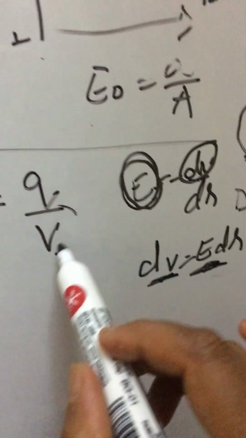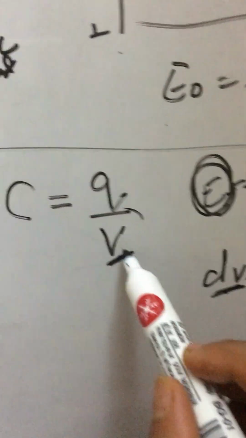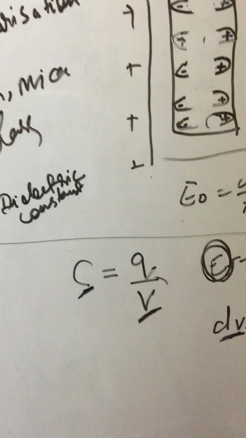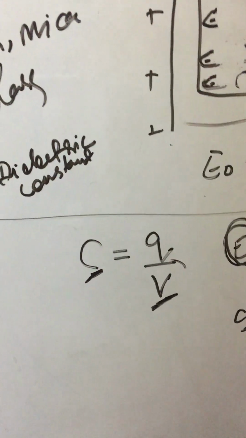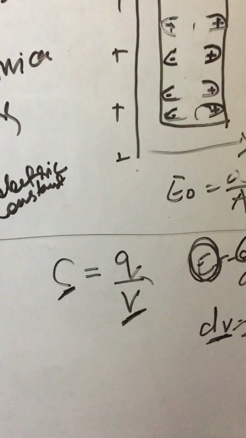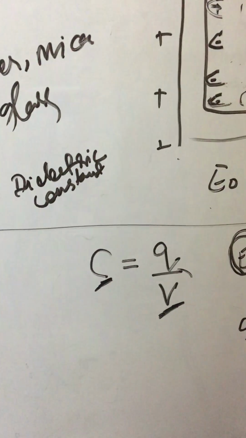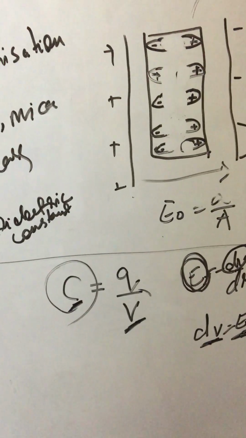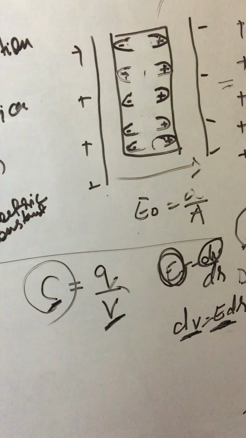If dV is reduced, V is reduced. V is reduced means C increases. It means when the dielectric is kept in between the plates of a capacitor, the capacitance increases.